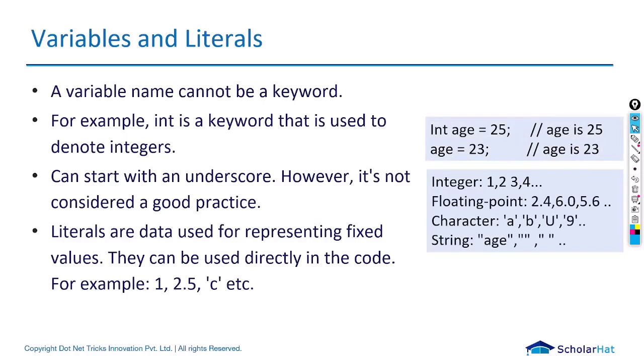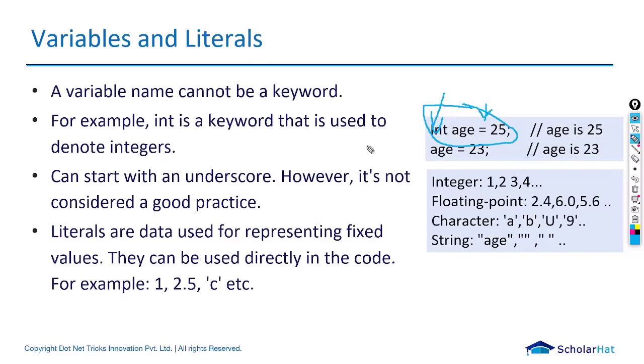You can see this is the way of defining a variable. We already saw it in the first program also. This int means it's an integer type, age is a variable name, this is the assignment operator we are using, and 25 is the literal.